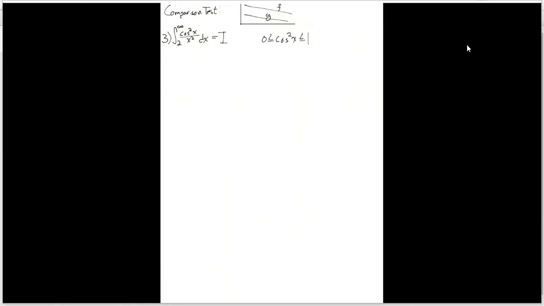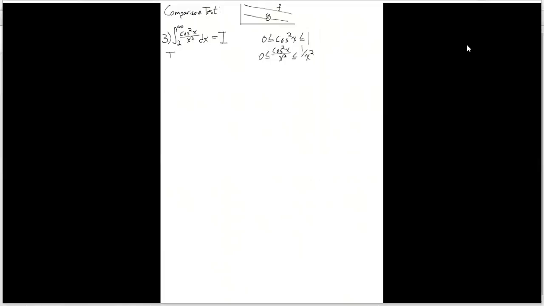What this leaves us with is 0 is less than or equal to cosine squared x over x squared, and this is less than or equal to 1 over x squared. That's what we need. So we've got what we have inside the integral, our f of x, and something that is always bigger than or equal to it. And this is perfect. All we need to do is show that this larger thing is convergent.